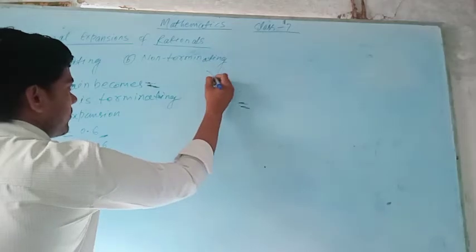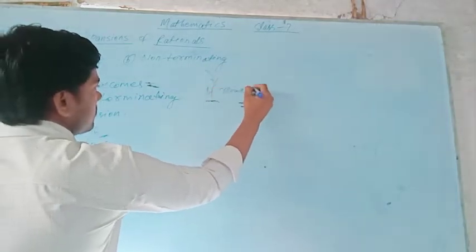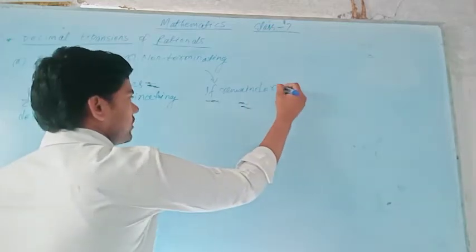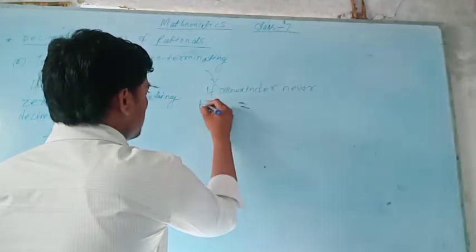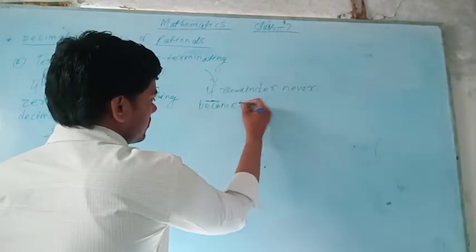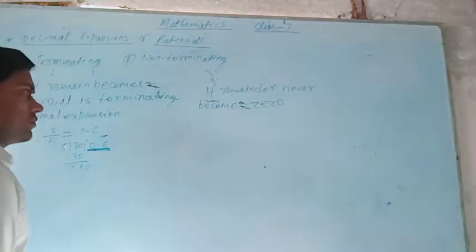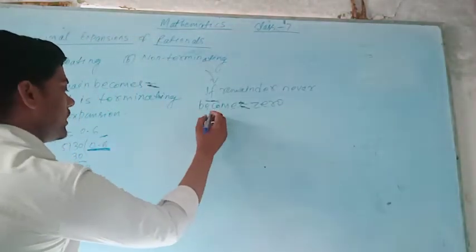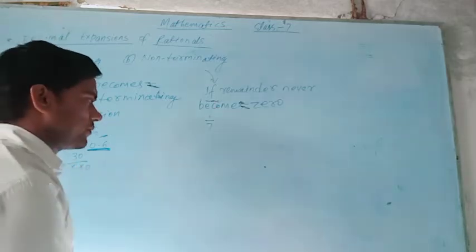For non-terminating, if the remainder never becomes 0, it is called non-terminating decimal expansion. As for example, 1/7.